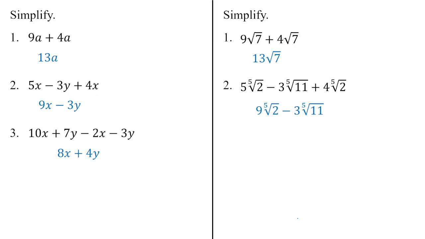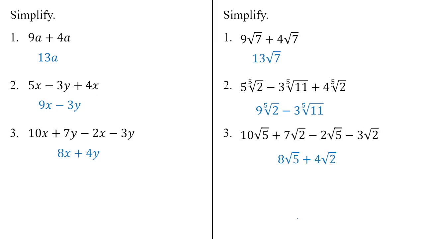So let's say we have 10x plus 7y minus 2x minus 3y. You end up with 8x plus 4y. Notice we combined the x's and we combined the y's.